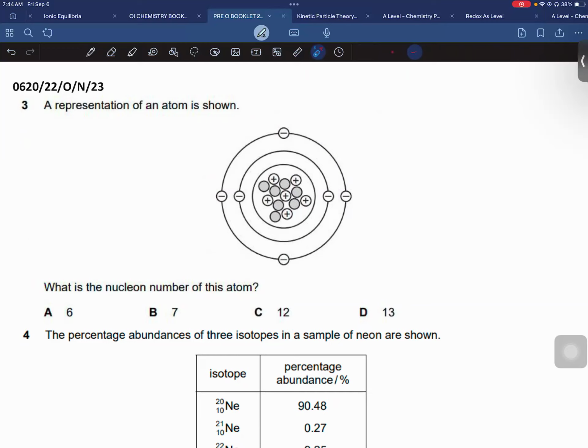A representation of an atom is shown. What is the nucleon number of this atom? Nucleon number is the sum of protons and neutrons, right?